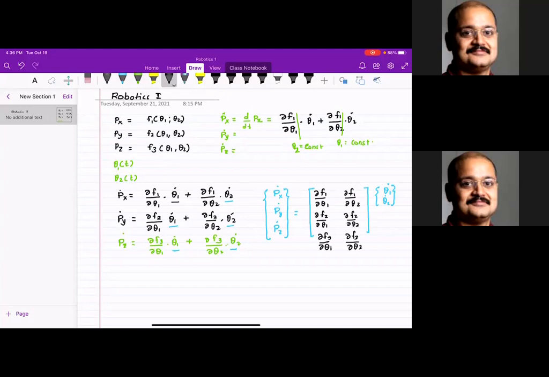So when you expand this, you get equation 1, equation 2, and equation 3. Everyone understood this? This is called the Jacobian. This guy is called the Jacobian.